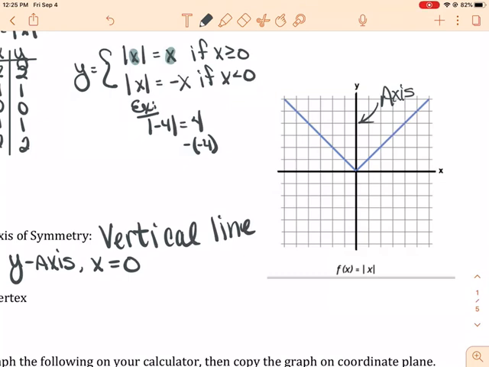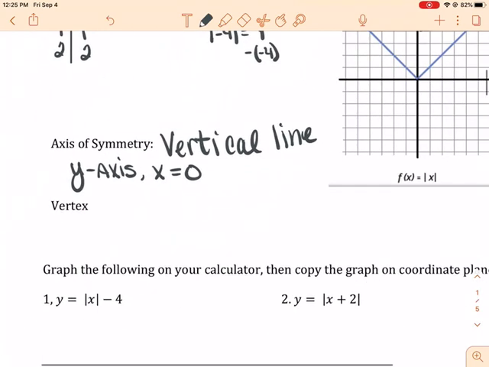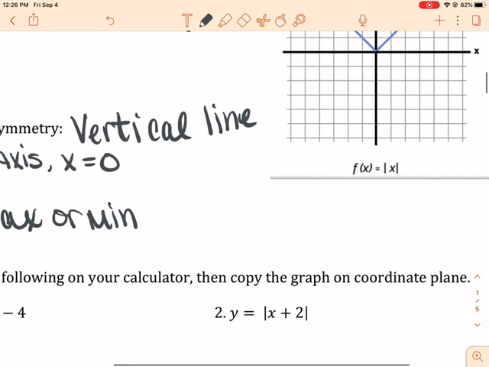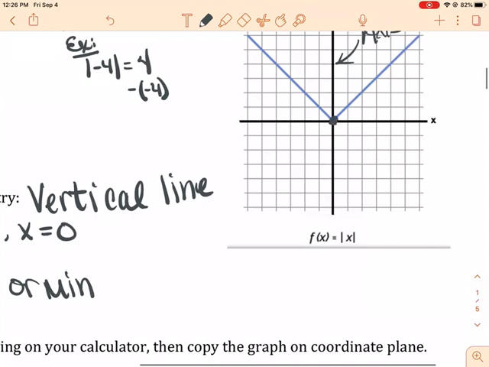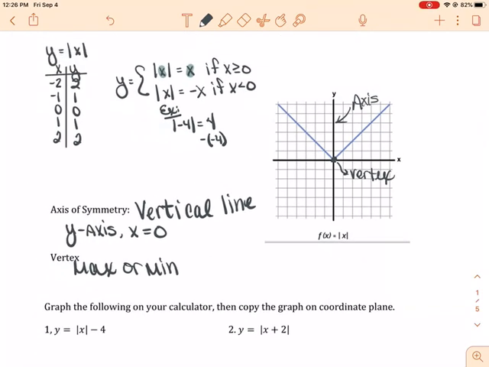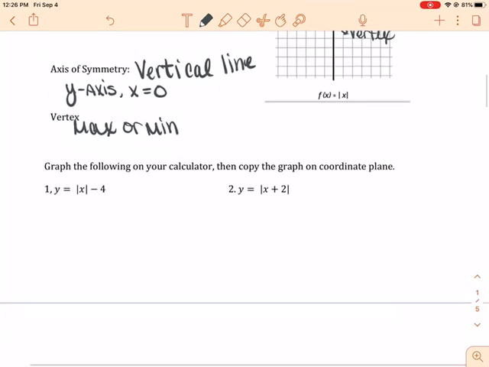It's the line that when we fold the graph over upon itself on that line, the sides match up. It's symmetrical on that line. And the vertex is a maximum or minimum point. Over here, this is going to be our vertex right there, that corner. So every graph that we're going to look at is going to have an axis of symmetry, and it's going to have a vertex.